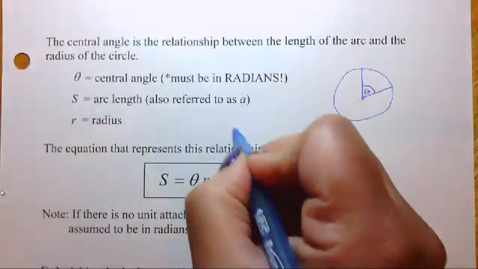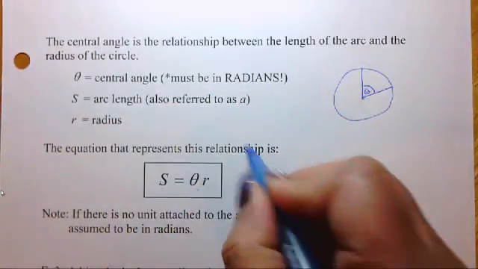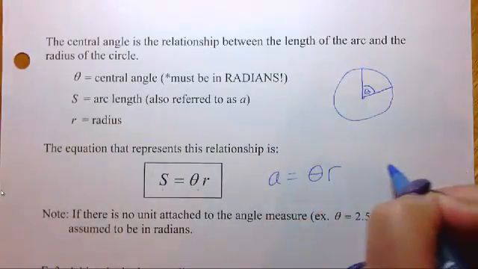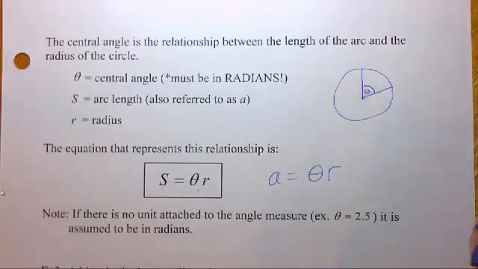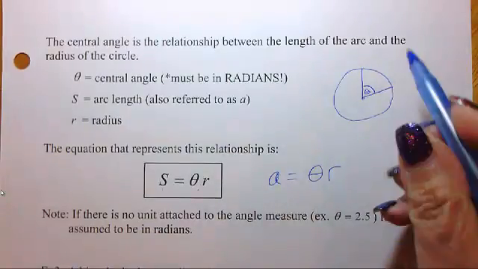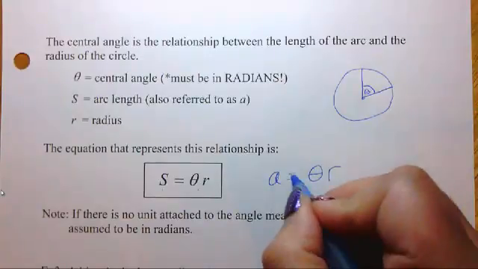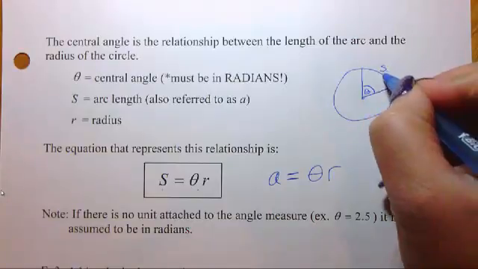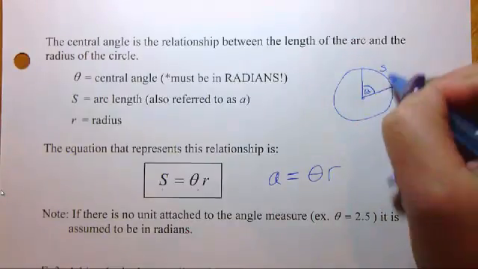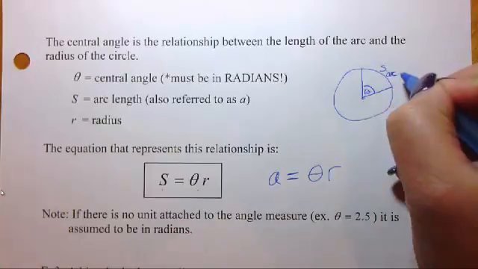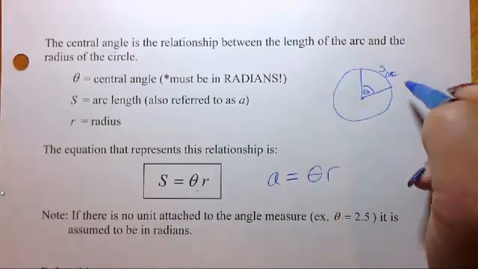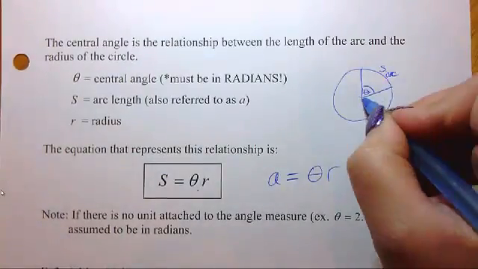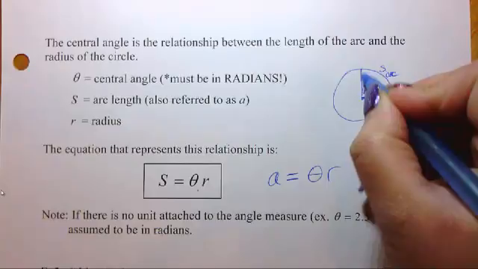You'll also see some textbooks use A, so you're going to see A equals theta times r, depending on what book you're reading at the moment, or what website you're looking at for some extra resources. Right here, I'm going to call it s. It's also referred to as arc length. It might make a little more sense to write arc there, but our textbook uses s, so I'm going to use s. And radius. Radius is r, so that's right here, that line.